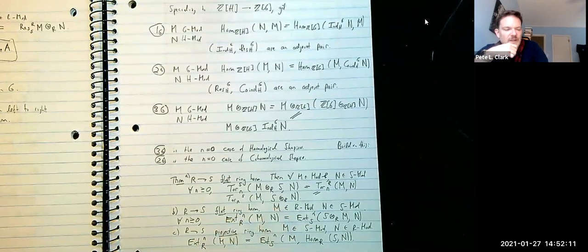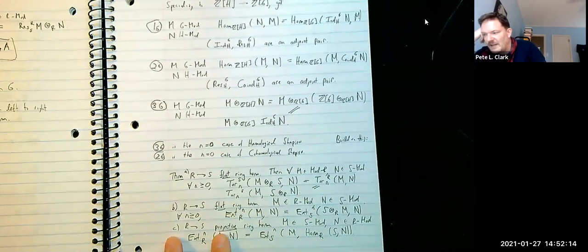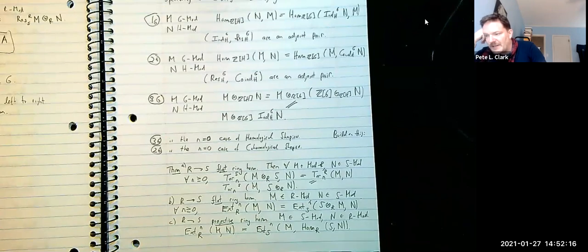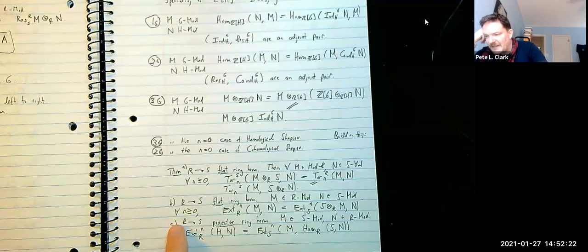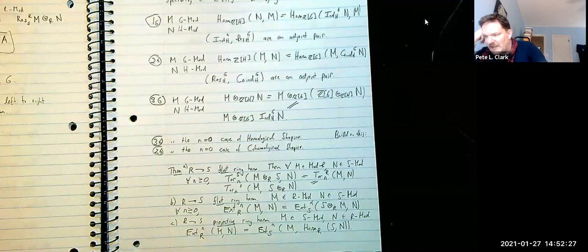So then in part C, if I take R equals ZH and S equals ZG, again, this ZG is a free ZH module, so it's definitely projective. And then, what am I getting? Again, here I should literally switch the roles.